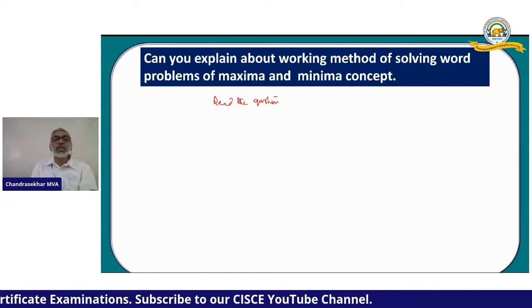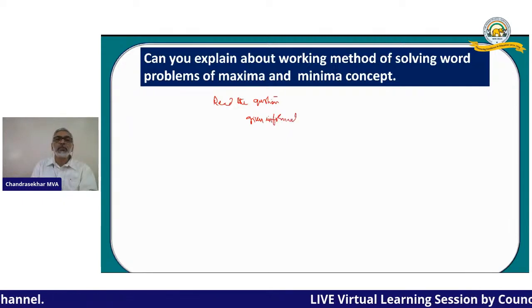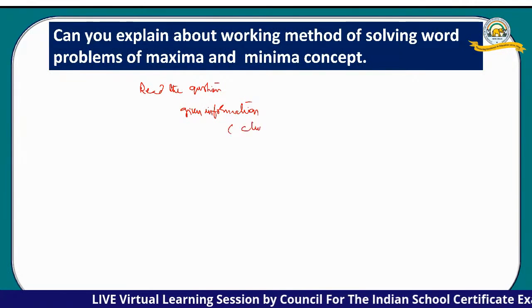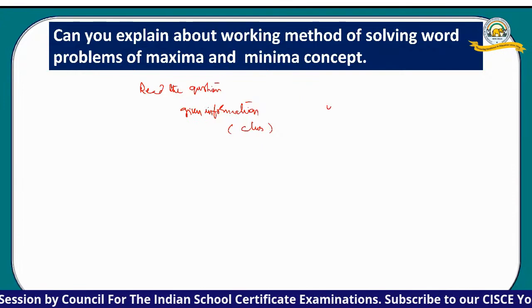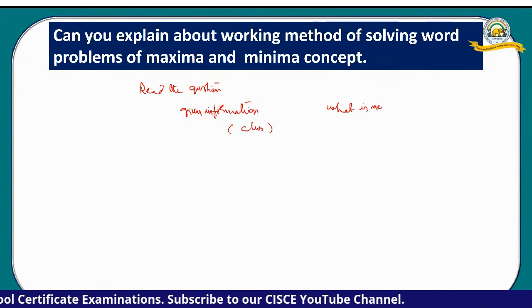One is the given information, which means the clues given to solve the problem, and the other is what needs to be calculated or identified.